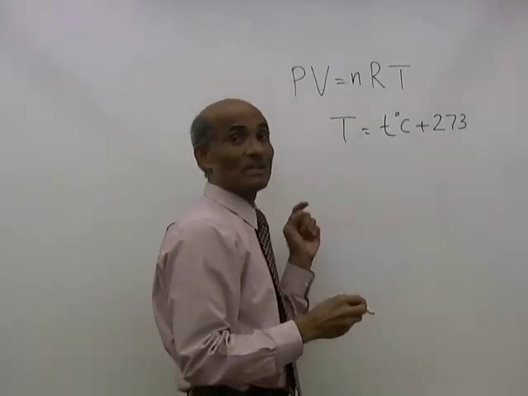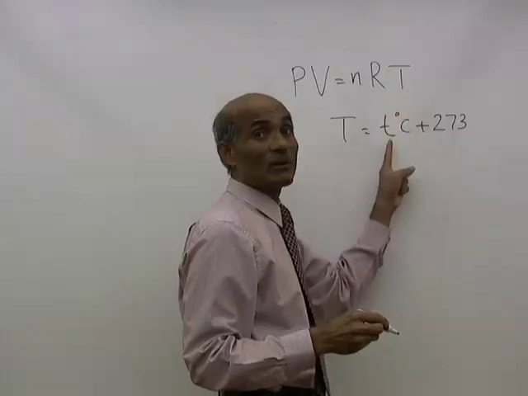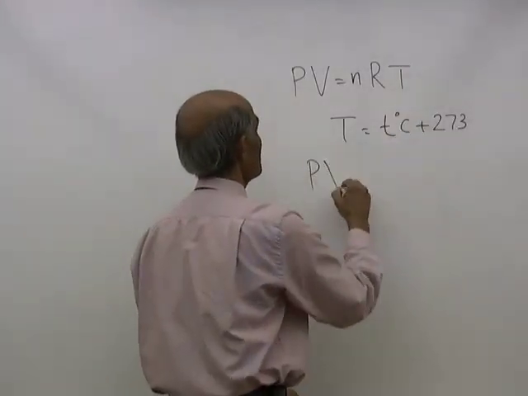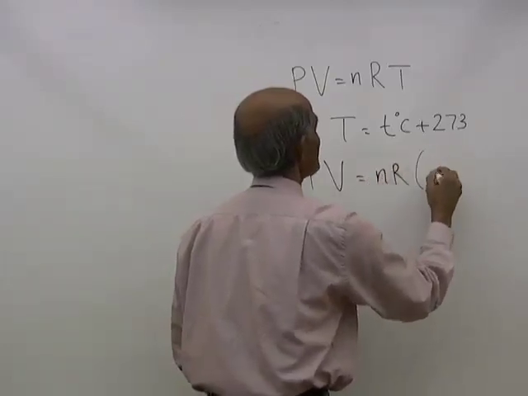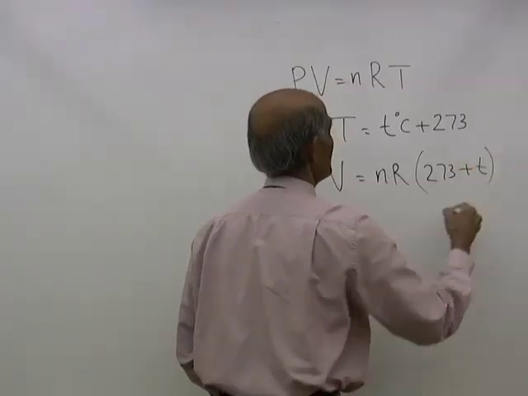Is that right? So, if you replace the uppercase T by this, what will the equation become? We get PV equal to nR times (273 plus T).